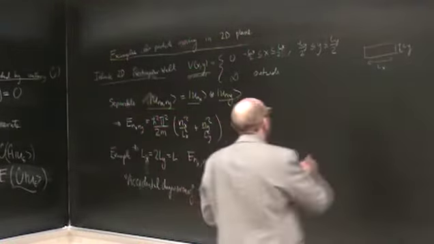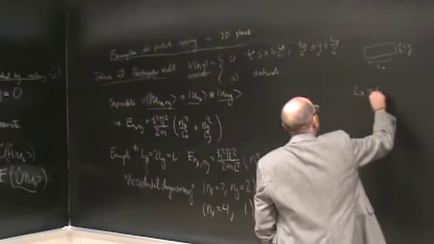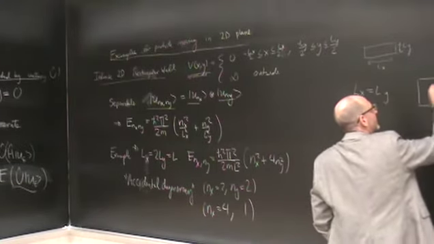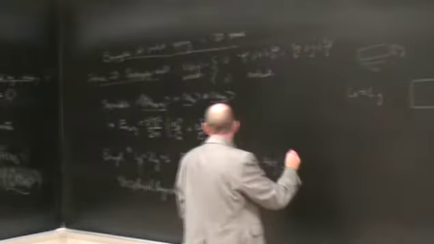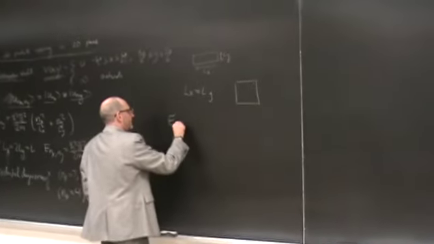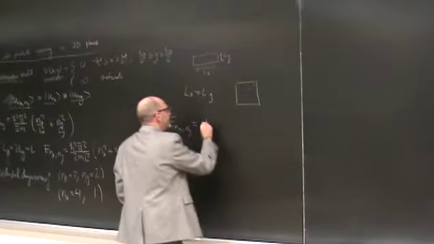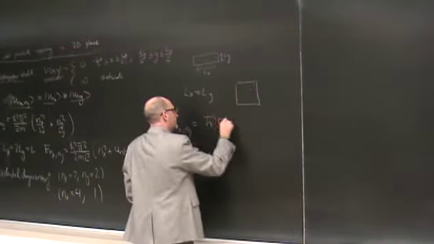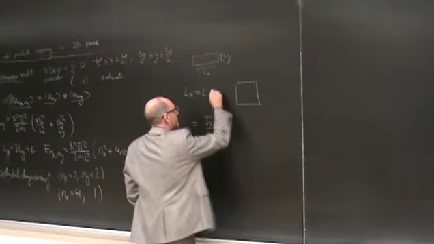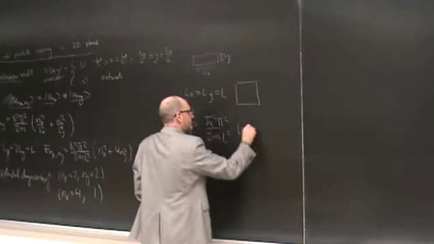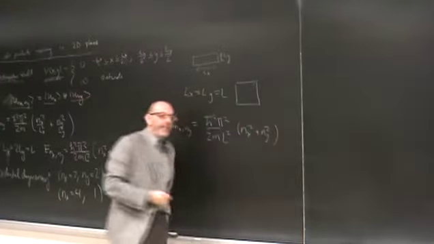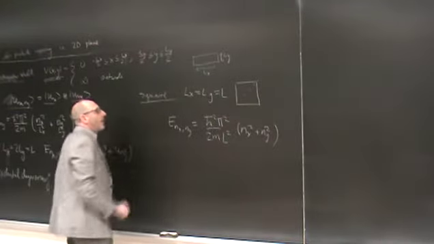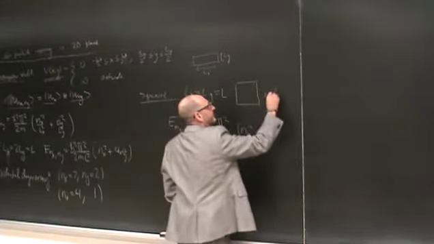All right. So, on the other hand, if we had Lx equals Ly, if we had an actual square, in that situation, there's an essential degeneracy. And that essential degeneracy arises because there is reflection symmetry.